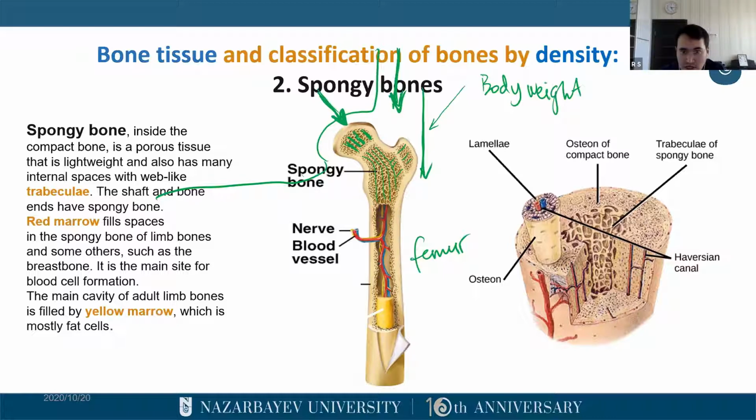So we usually have them in parallel with these vectors, okay? So these are the functions of spongy bones and the functions of the compact bones.